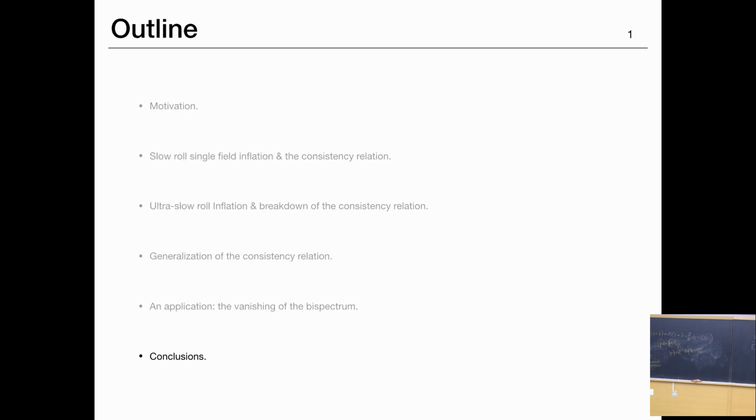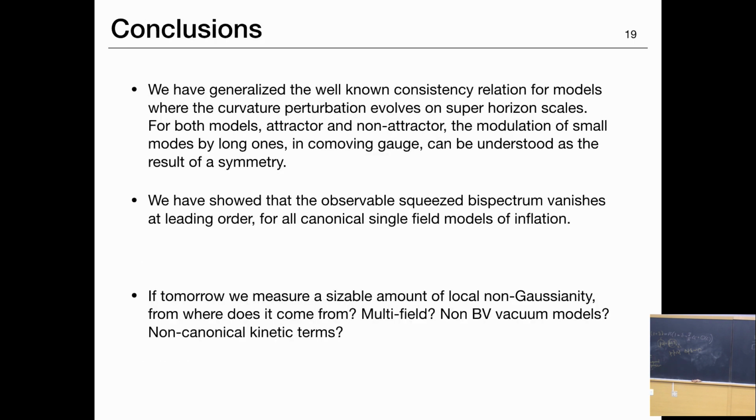Okay, to finish, these are the conclusions. We have generalized the standard consistency relation for models which exhibit a super horizon evolution of the modes. We have shown that the bispectrum in both cases always vanishes. So the most important conclusion is this one.